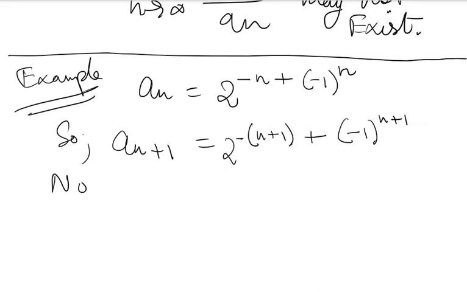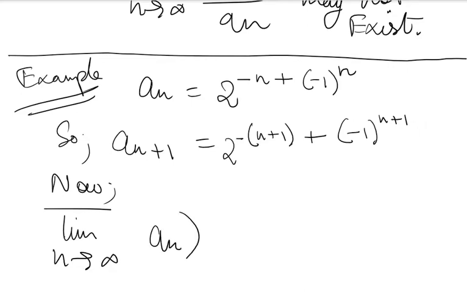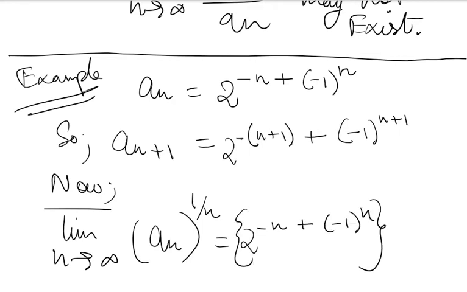Now let's find the limit of the left hand side. So limit n tends to infinity a_n whole to the power 1 by n will be written as 2 to the power minus n plus minus 1 whole to the power n, whole thing to the power 1 by n.